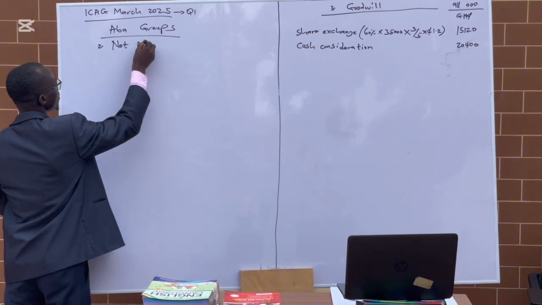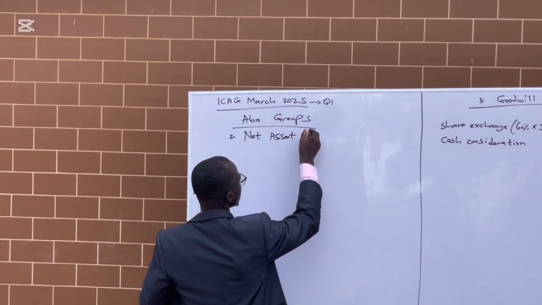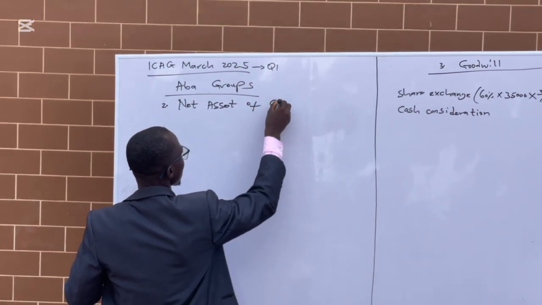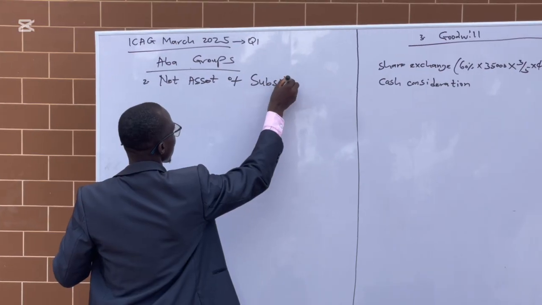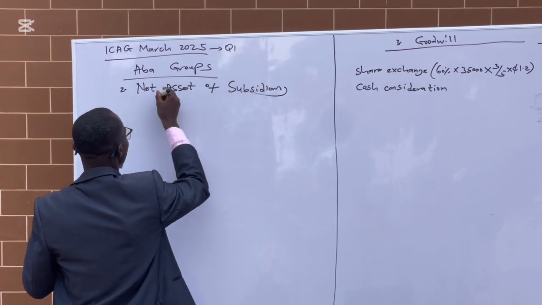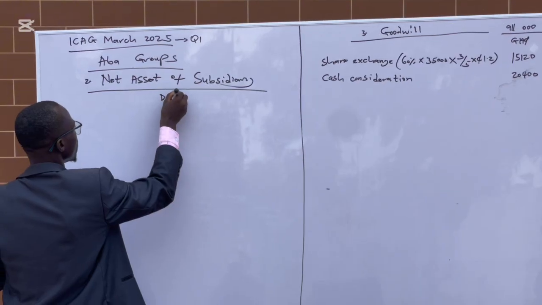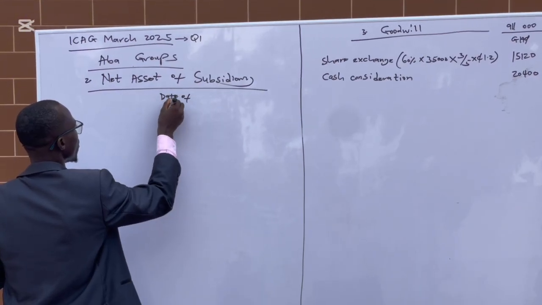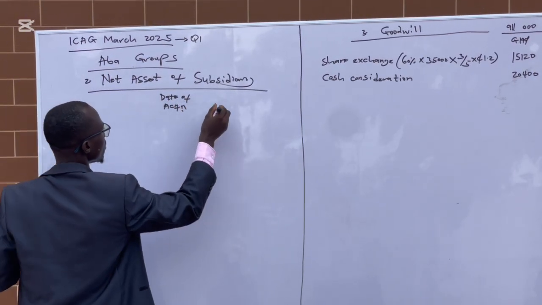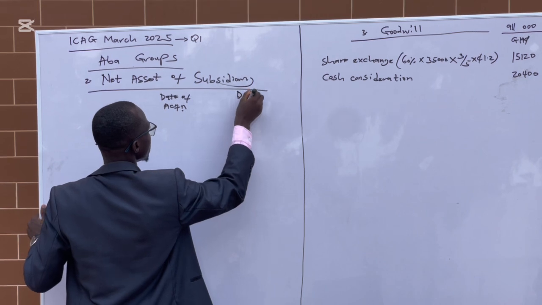Net asset. So date of acquisition, date of reporting.